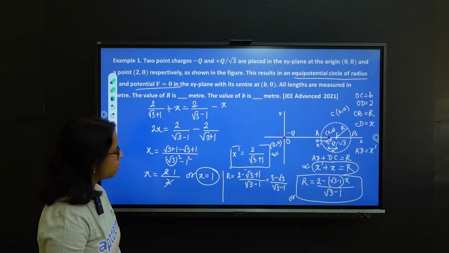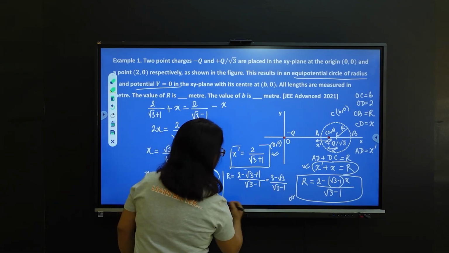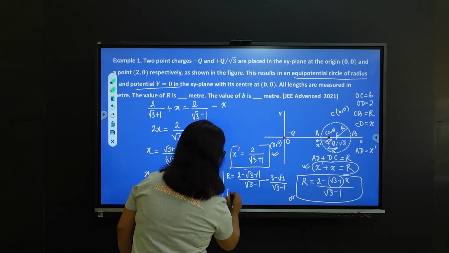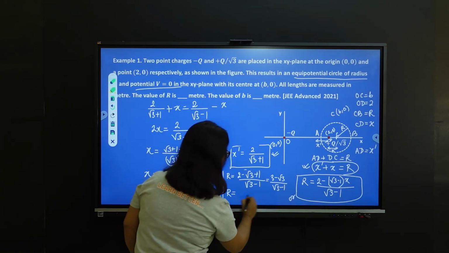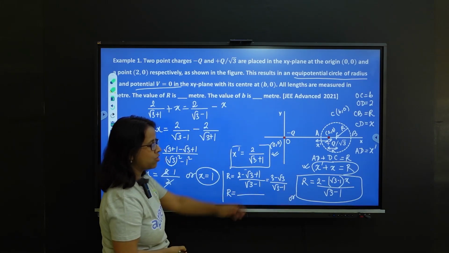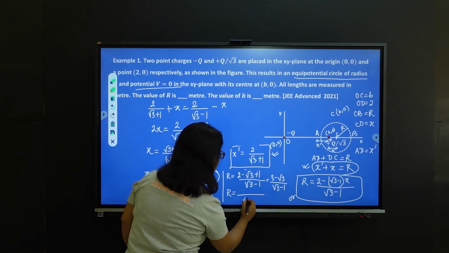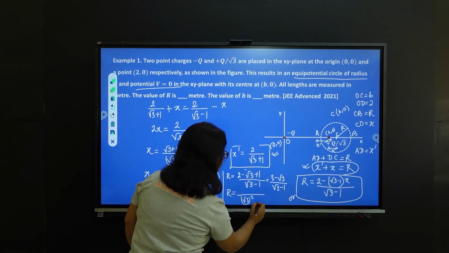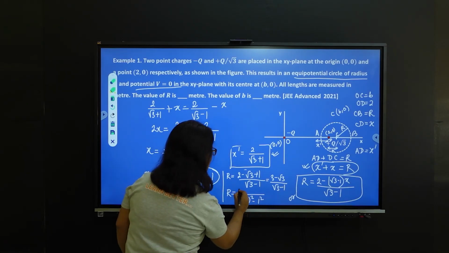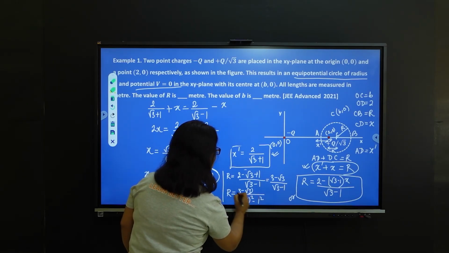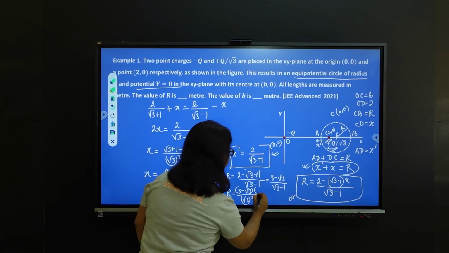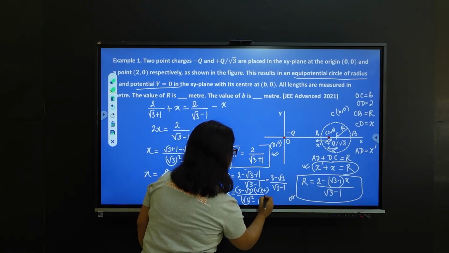So you can do this here. We have r equals, we can rationalize the denominator. We have root 3 minus 1 multiplied with root 3 plus 1. You can write it as root 3 squared minus 1 squared, and this term is root 3 plus 1.